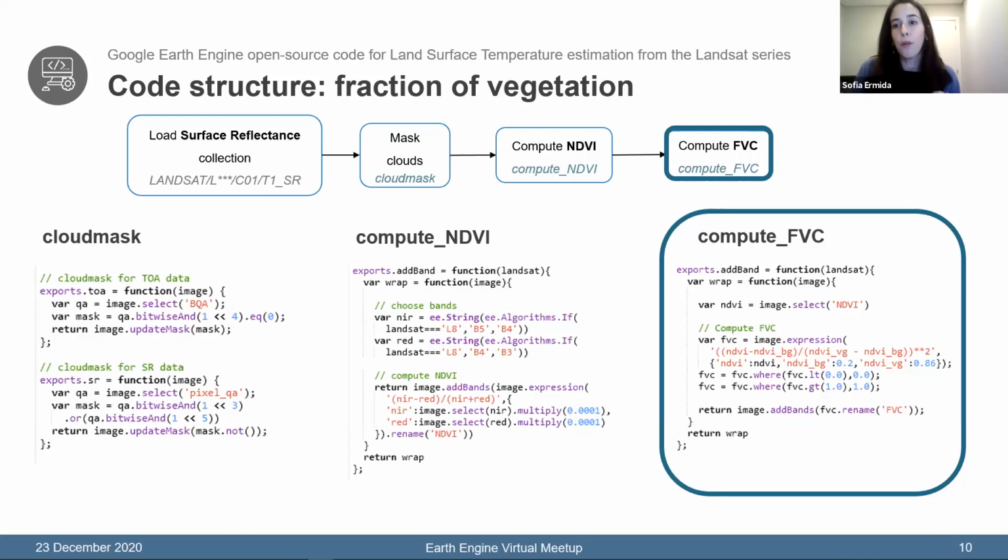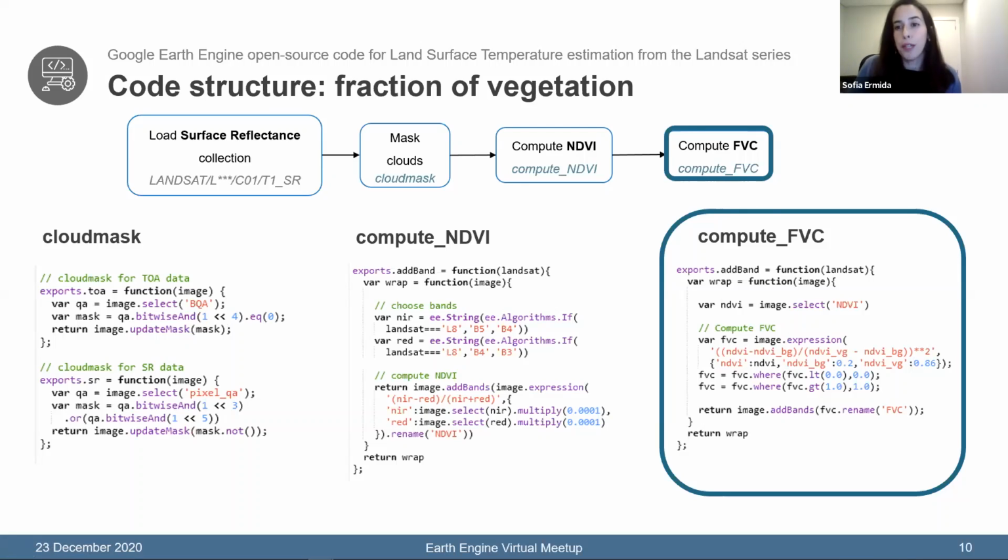We just want to know how much vegetation is in the pixel. So we set a minimum NDVI value below which we assume the pixel is simply bare in terms of vegetation, with no vegetation, which we take from the literature to be 0.2.